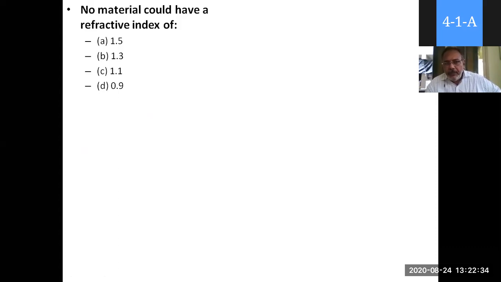No material could have a refractive index of A 1.5, B 1.3, C 1.1 and D 0.9. Which one is correct? Anybody can share by unmuting yourself, or you can write in the chat box. I will wait. I will give 1 minute time.